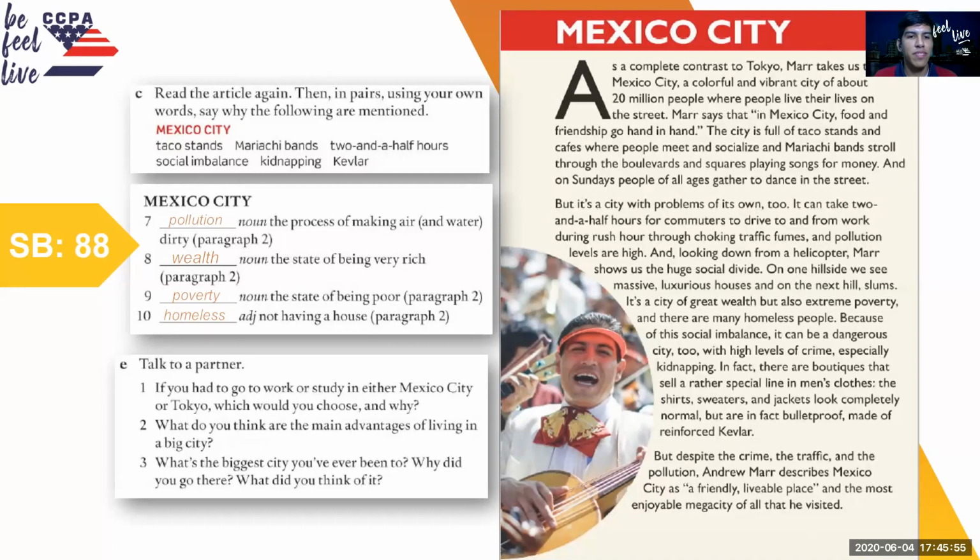I will choose Mexico City. Why? Because it's one of the countries that I dream to live in, and I don't like too much the Asiatic culture. Oh, I see. Okay, great. Thank you, Ariel. Excellent answer. Select your victim now.